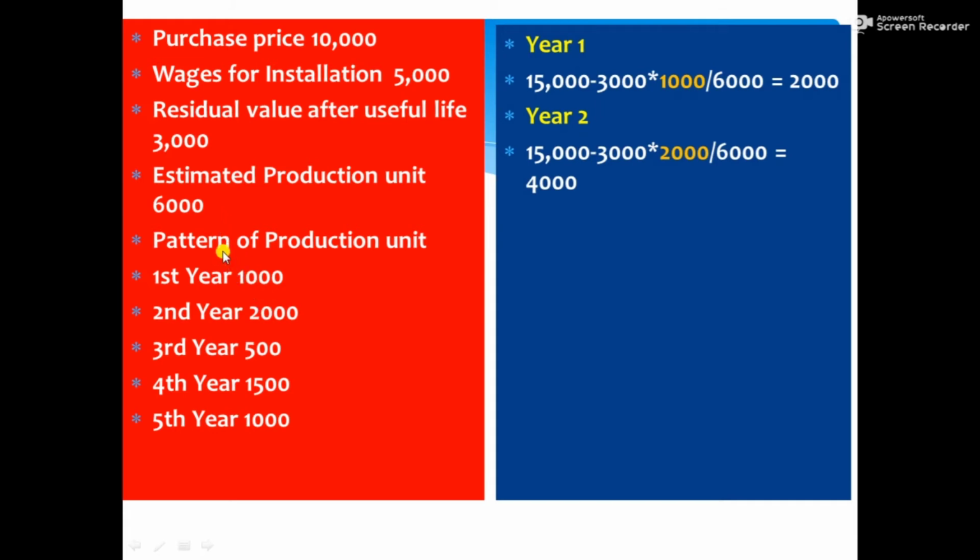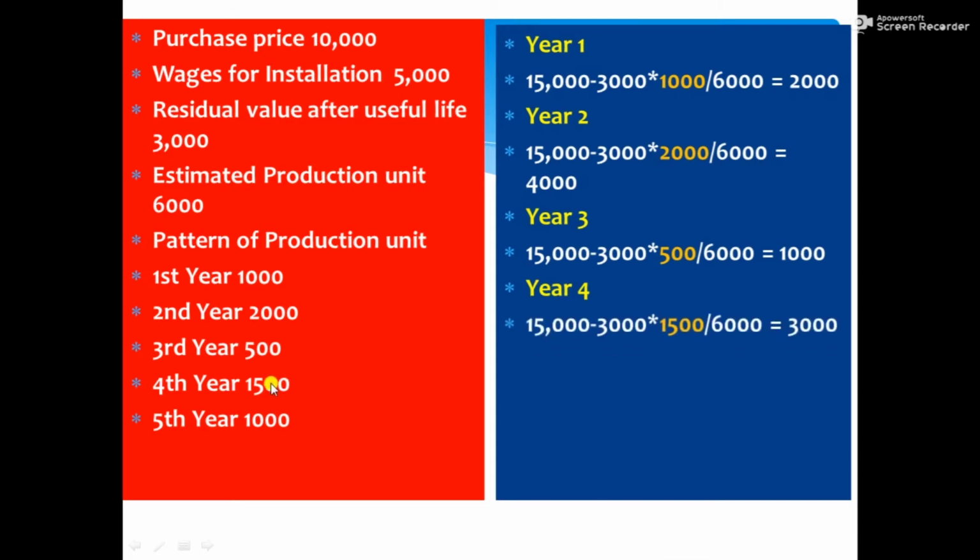The depreciation for the second year is 4,000 rupees. And third year, the depreciable amount is 12,000, into the ratio 500 divided by 6,000. The depreciation is 1,000.